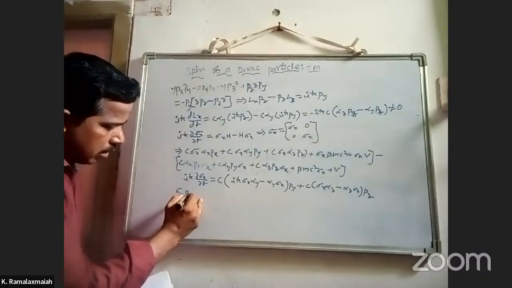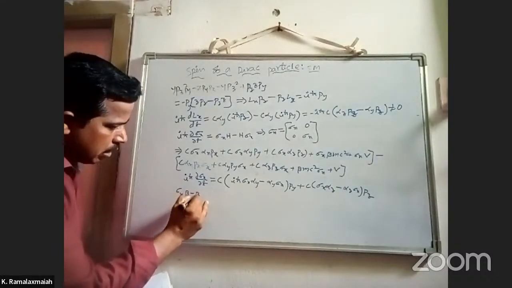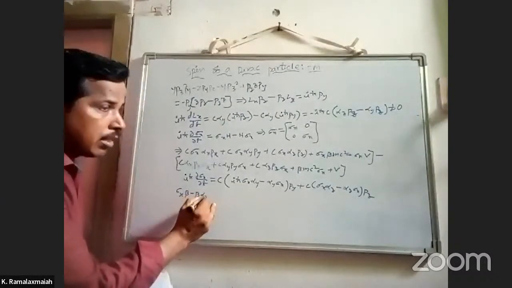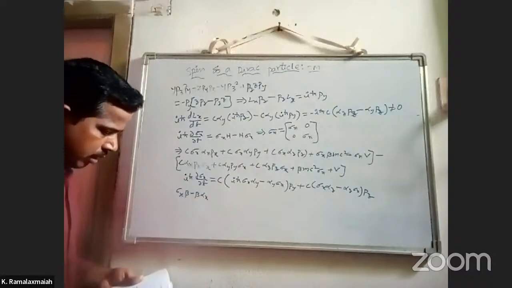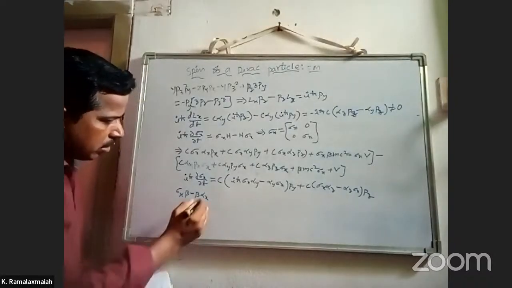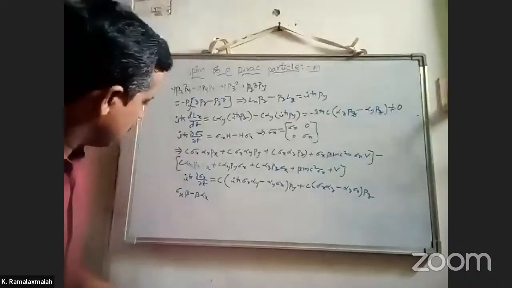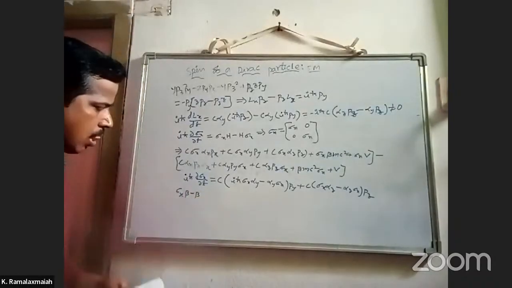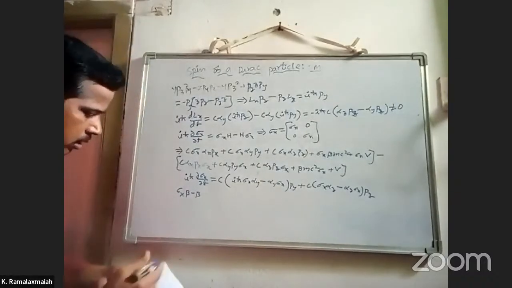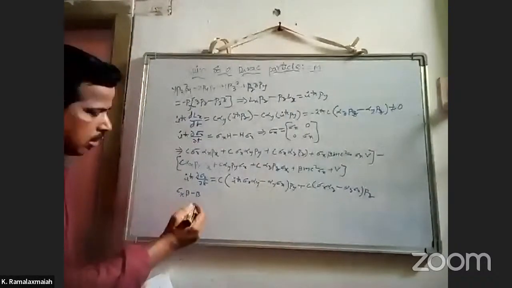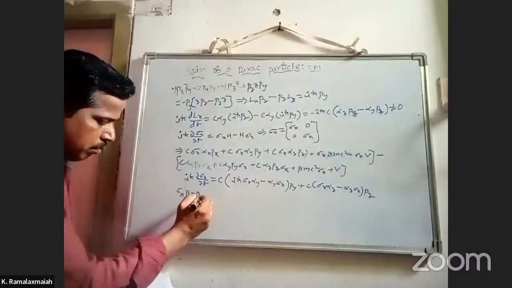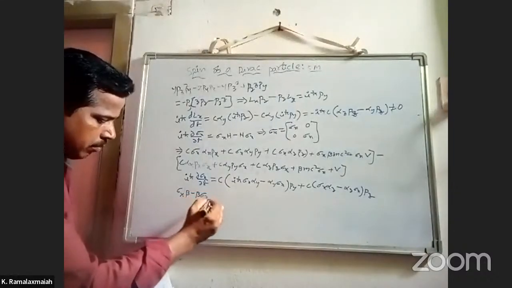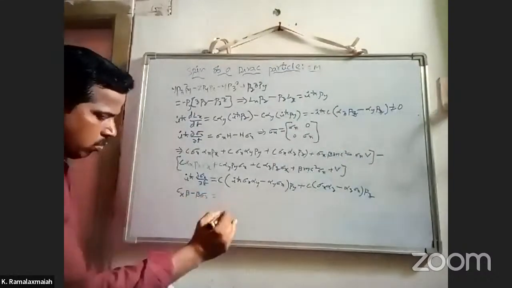Alpha x beta minus beta alpha x, that is σx β minus β σx.